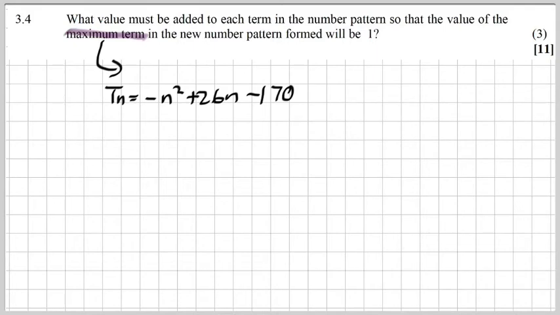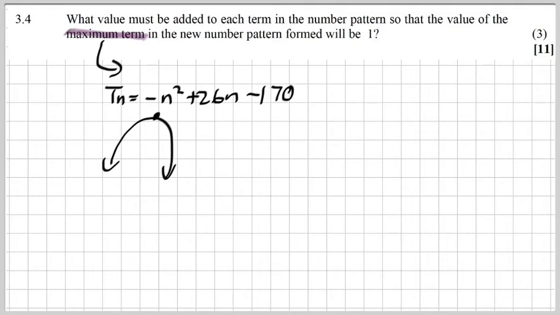Remember, that is your original sequence. If I look at the terminology maximum, let's think about what kind of a sequence is this? Well, it's a parabola. And where is the parabola at a maximum? At its turning point.